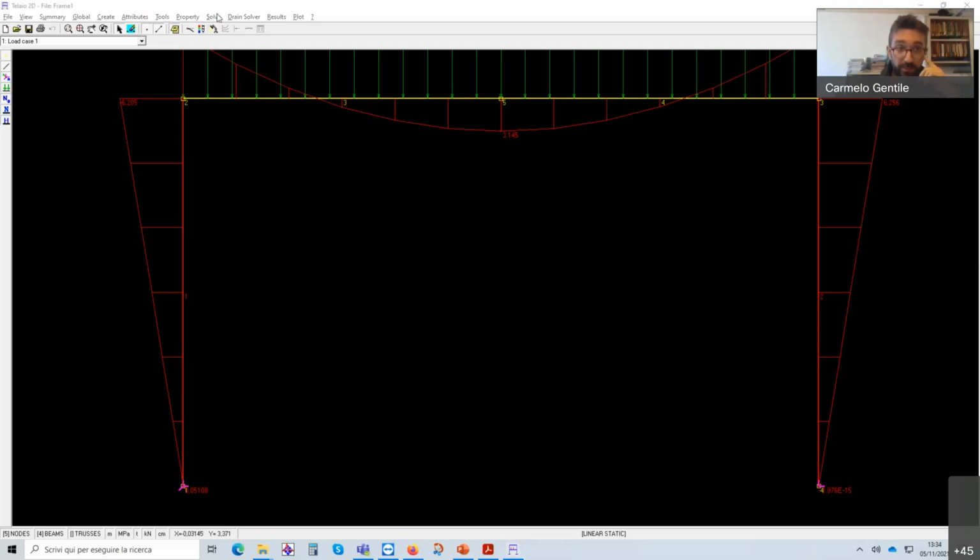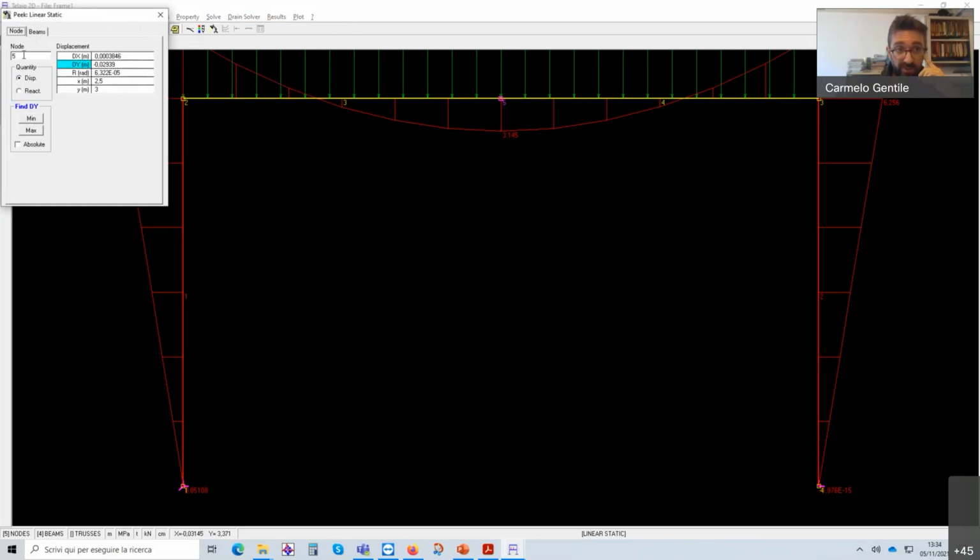And if we pick the node 5, we can see that the vertical displacement here this time is almost 3 centimeters. Before it was 1.1, 1.2 millimeters.